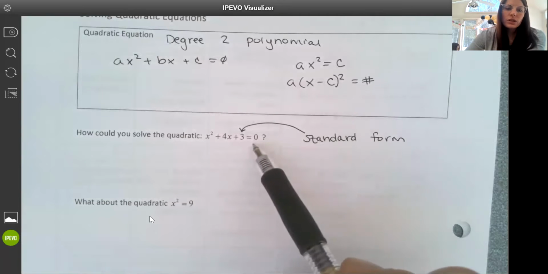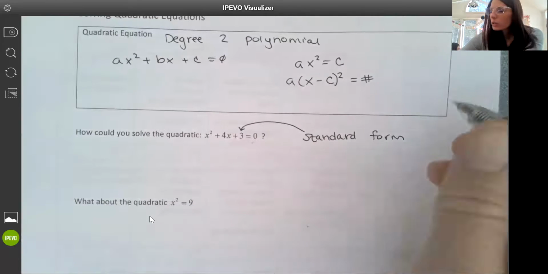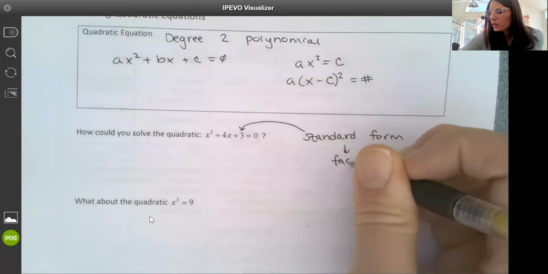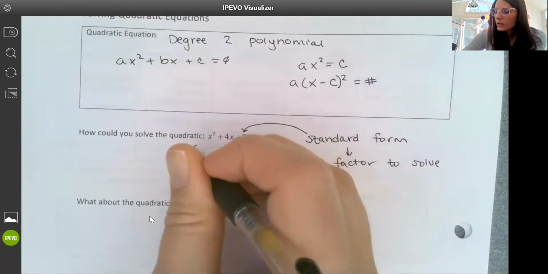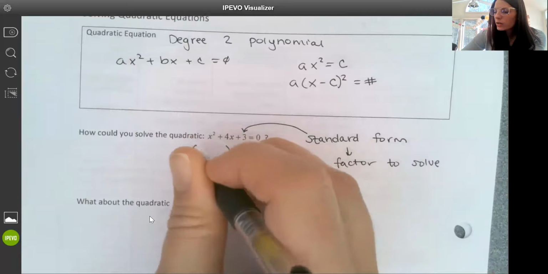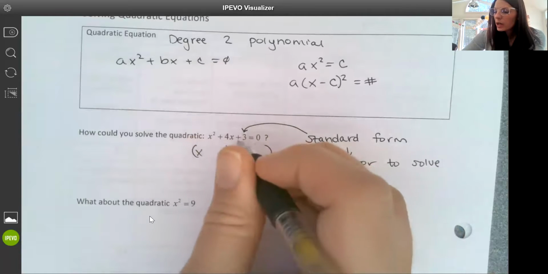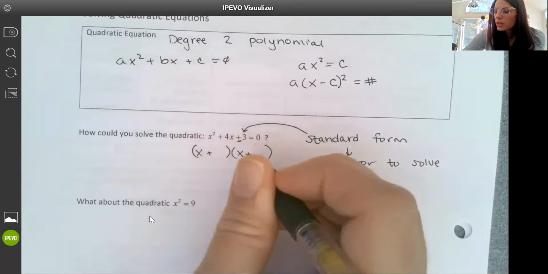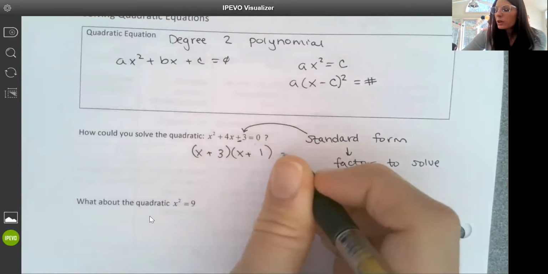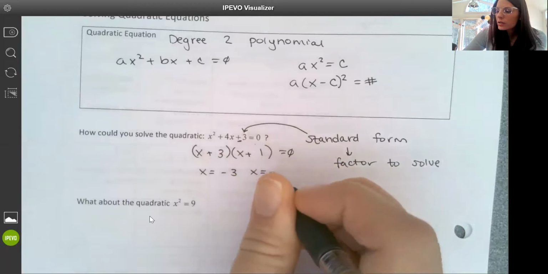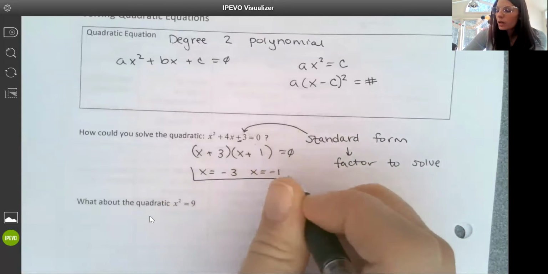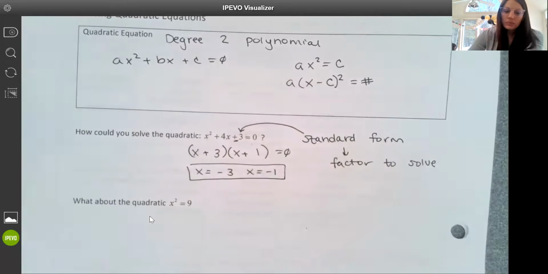Right now it's set equal to 0, and I'm going to factor to solve. We know that x squared is going to be x and x, positive c value, so I can place my signs 3 and 1. And I get x equals -3, x equals -1 for my solutions.